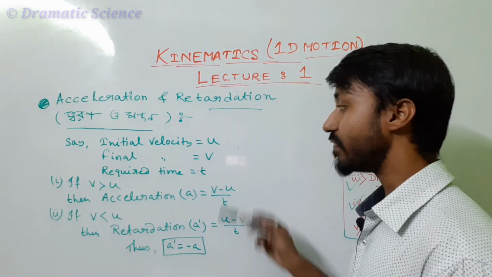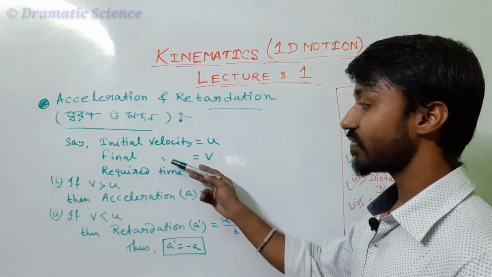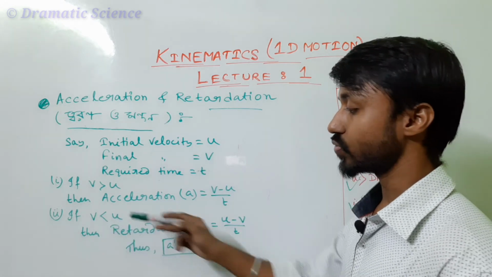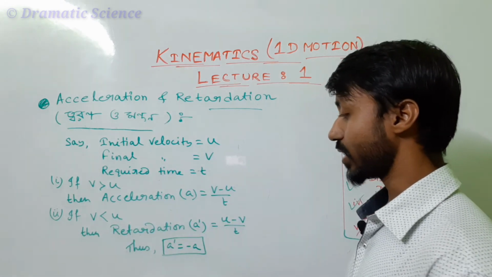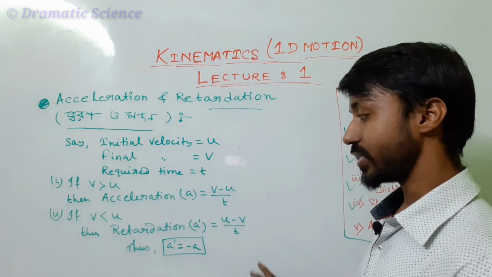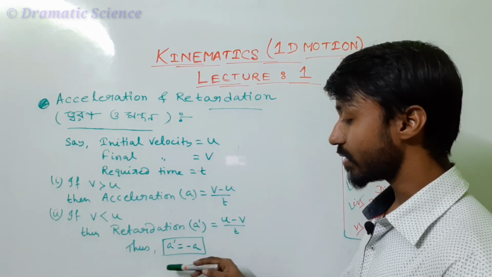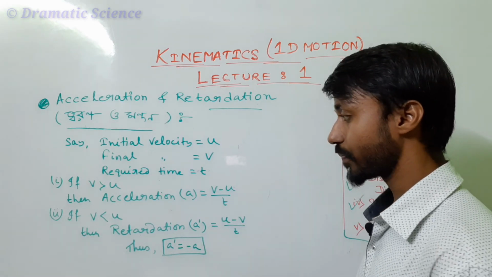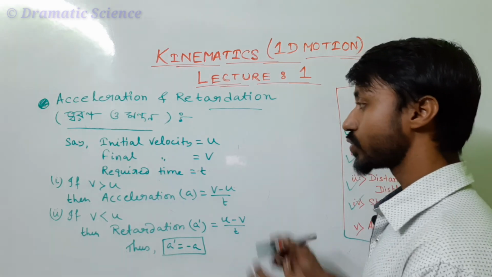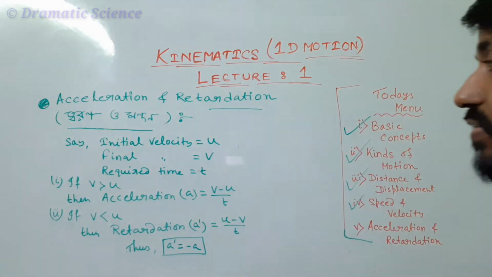And if v is less than initial velocity, we get retardation as a dash will be u minus v by t. And here we can see a and a dash are related like this way, okay?